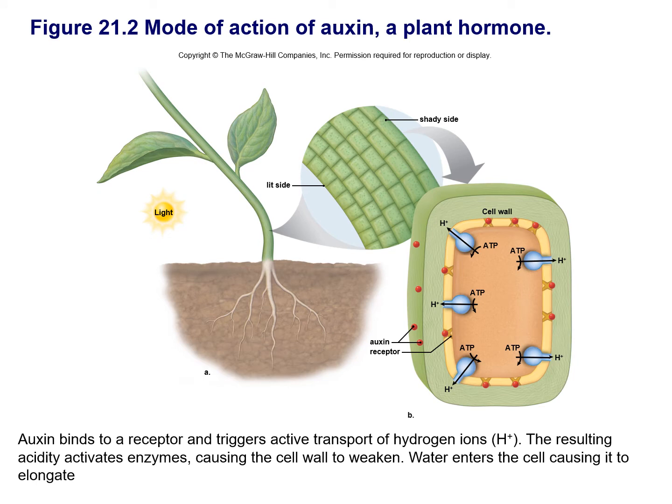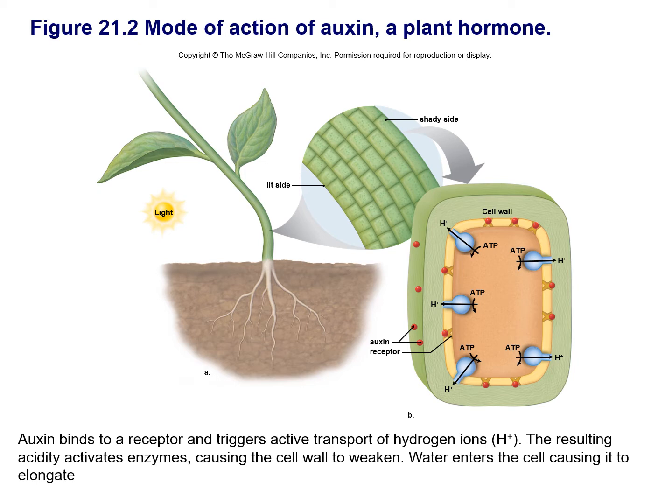Here's what it looks like in phototropism. You've got one side of the plant that's on the light side, one that's on the dark side, and what happens is the auxin penetrates to the side where there is darkness. What that does is allow the cells there to become softer. They weaken and are able to bend.